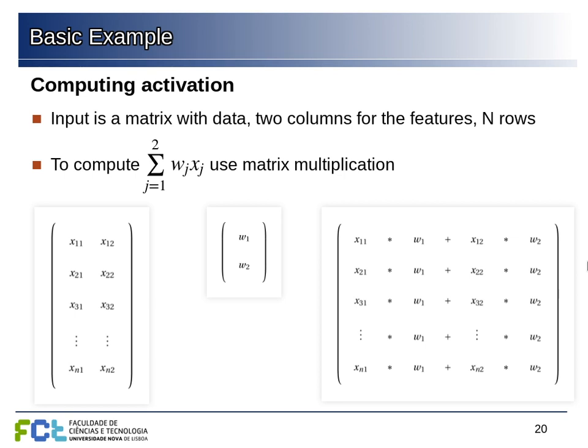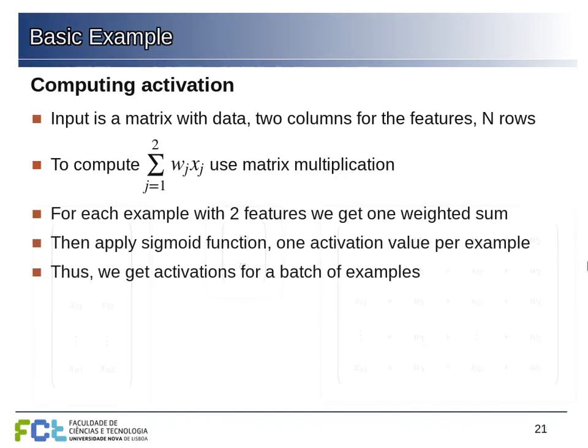So with matrix multiplication, we can immediately get the net value in our neuron for all of the examples in that matrix. Then, if we apply the activation function to this matrix here, we get the output of the neuron for all the examples that we are presenting. So this is an example of how you can easily implement a layer of a neural network using matrices.